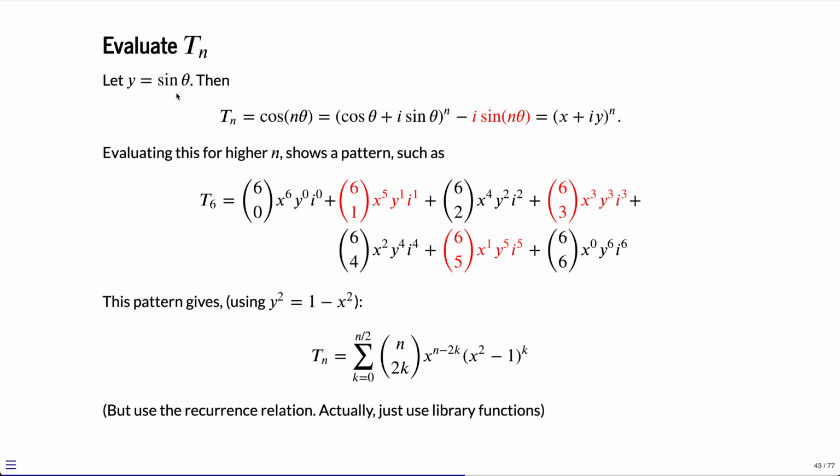So if we use y equals sine theta, so x is cosine theta and y is sine theta for convenience, then we just have x plus iy to the n, and that's what we're going to expand. And then if you analyze this for different values of n, you can show without too much effort that you end up with this relationship given. And in practice, to evaluate these, efficient methods for computing them are available.